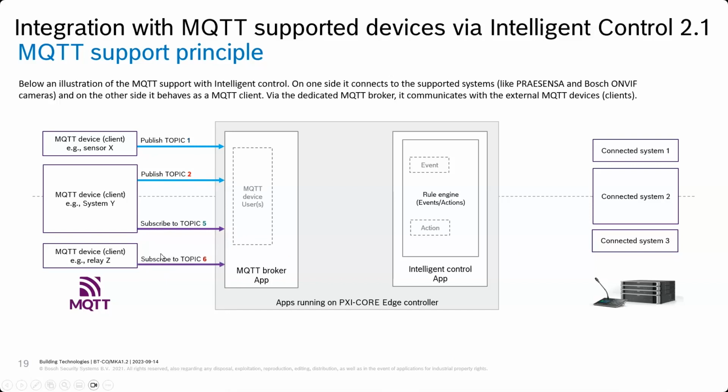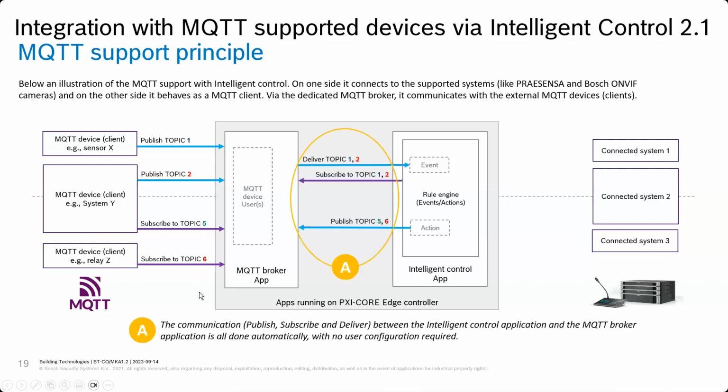So, for example, here this MQTT device is subscribed to topic 5, and this one is subscribed to topic 6. The next is something internal. This delivery from the broker to our intelligent control and logic is done automatically.